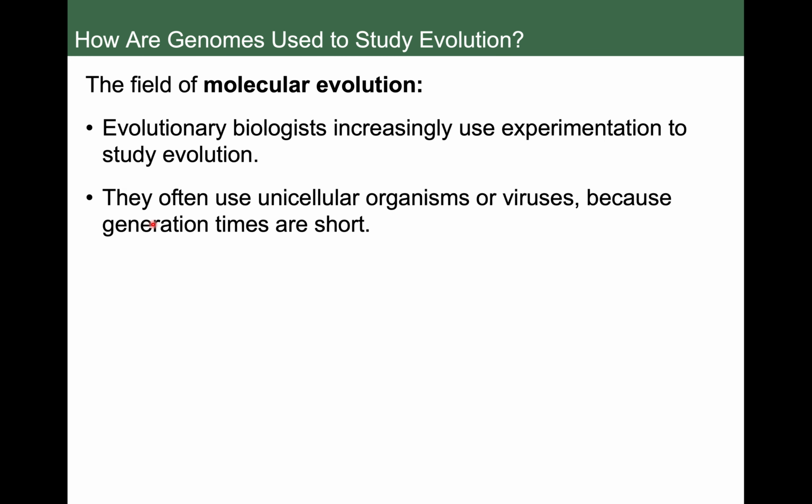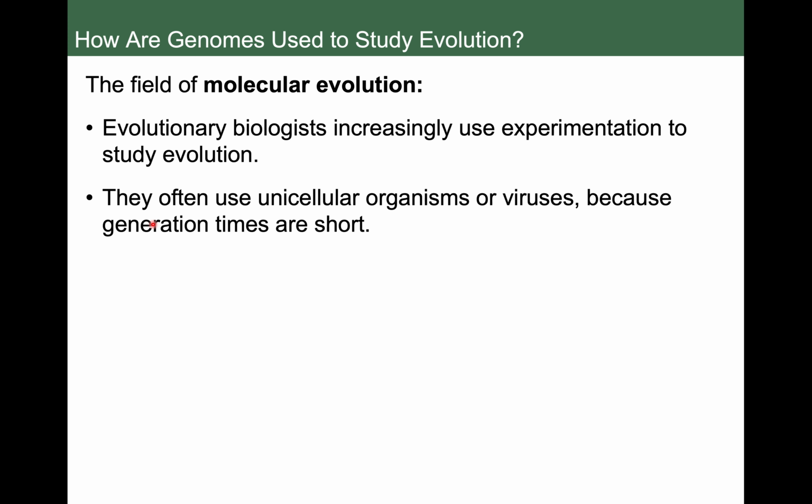So, it's tempting to think of this as just biologists sitting in front of a computer poring through existing genome and DNA sequences. But I should point out, increasingly, evolutionary biologists and even those studying molecular evolution are able to use experimentation.